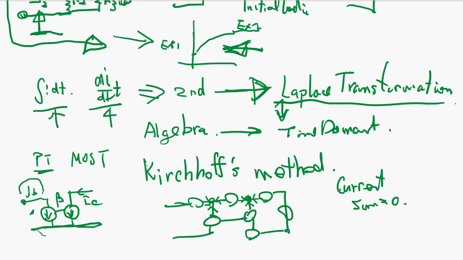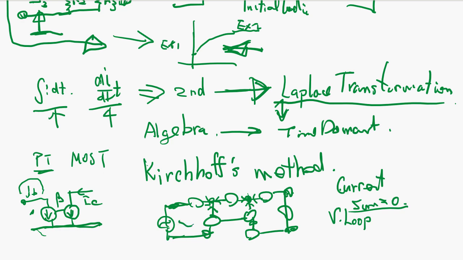So how many nodes do you have? 1, 2, 3. Say this is linear, the sine wave. 1, 2, 3, 4, 5, 6, 7. You can make 7 equations.